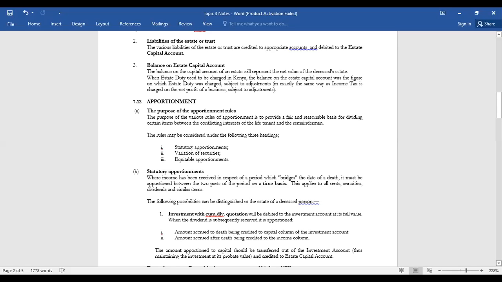Not many people will be fighting about the liabilities. Hiyo ni madeni. So it will reduce what they will take home as a share. But when it comes to any income item, they are really contentious. And that's why we are being guided by the three rules. You can either use the statutory or the variation of the securities.